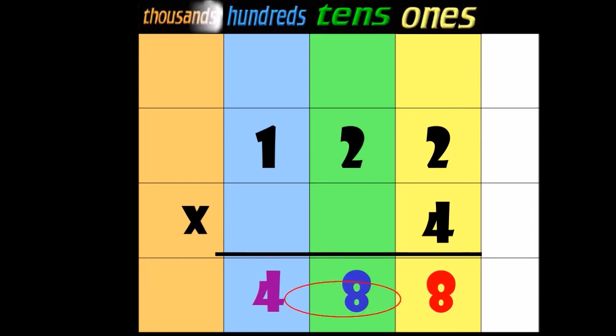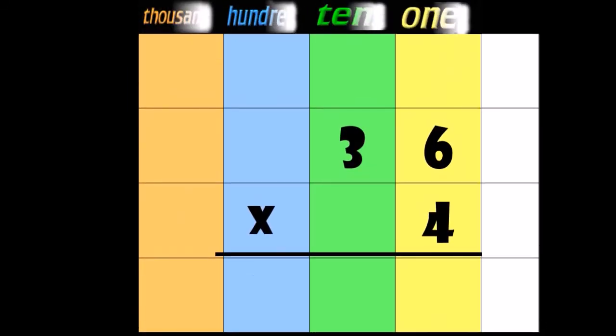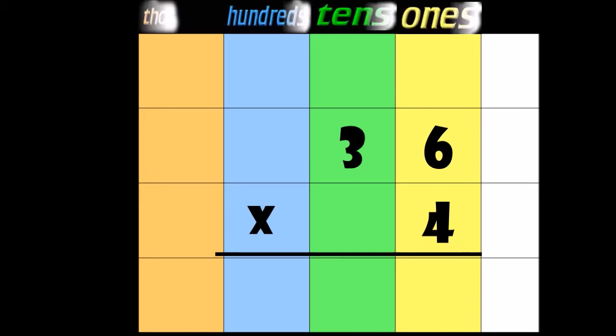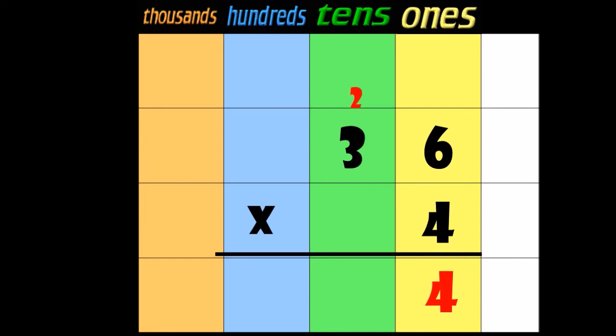Let's try another one. 36 times 4. The 36 rounds up to 40, and 4 times 4 is 16, so 40 times 4 is 160. I believe my answer will be around 160. 4 times 6 is 24. Write the 4, regroup the 2 into the tens place. 4 times 3 is 12, plus 2 is 14.